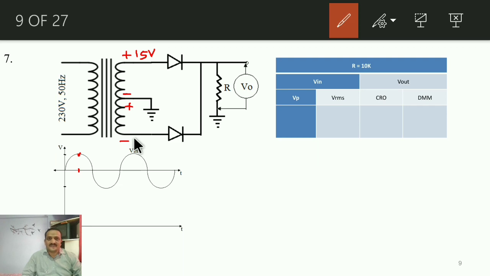It will be minus 15, is it? Now if it is at plus 15, its center tap will be at minus 15. Whenever this lower half secondary will be at minus 15, its respective center tap will be at plus 15. So how much will be the net potential at the center tap terminal?